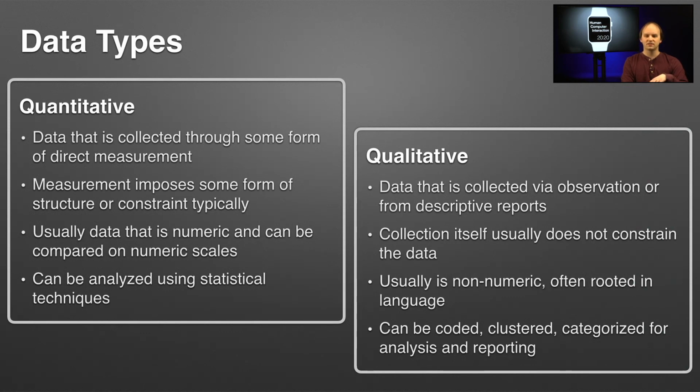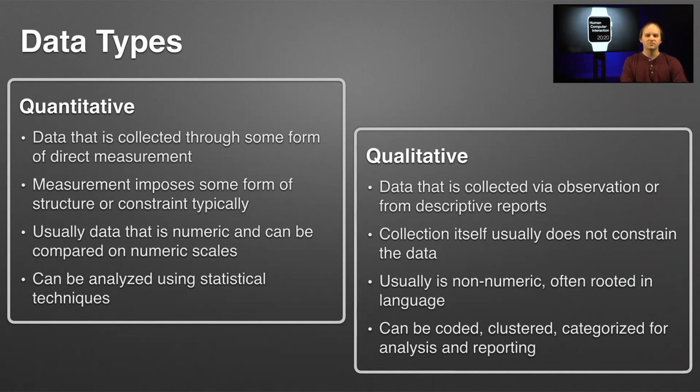Now, qualitative data, on the other hand, is usually collected through either just observing, whether that's recording video or sitting and watching and taking notes, or through talking to someone, interviewing them, asking them questions. And the collection of the data doesn't really constrain it in the same way that quantitative collection does.